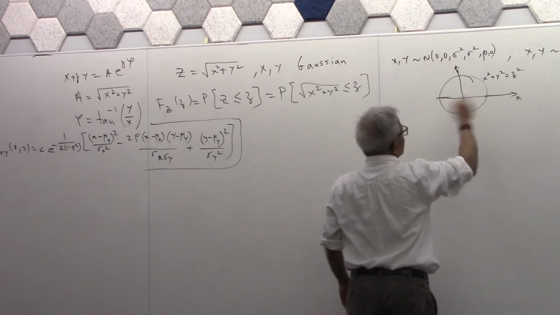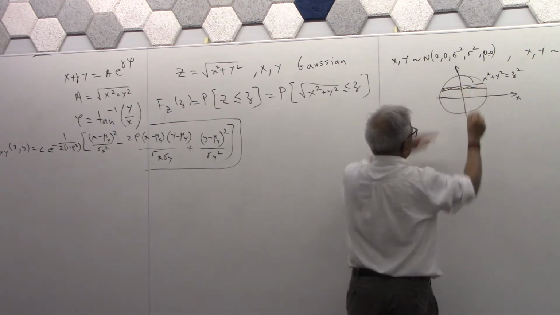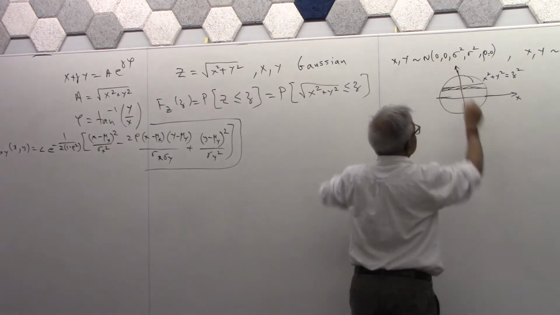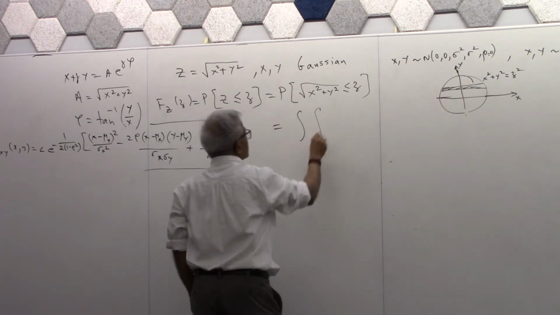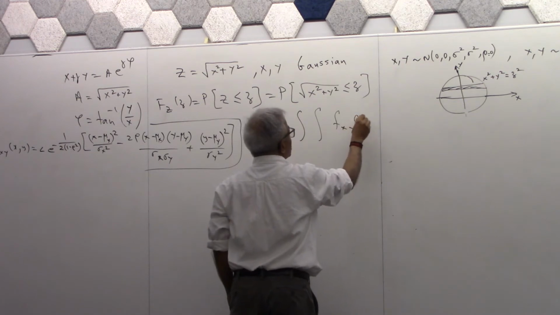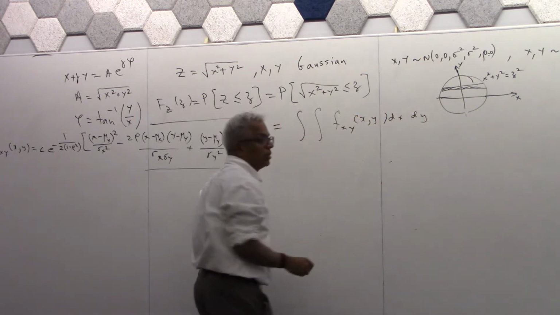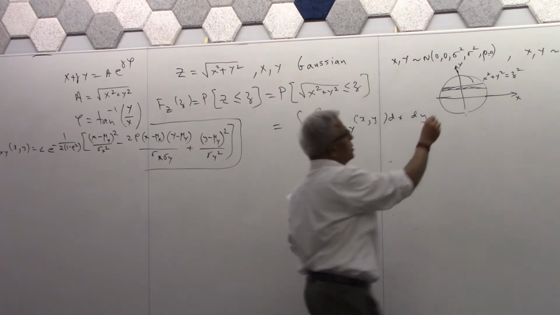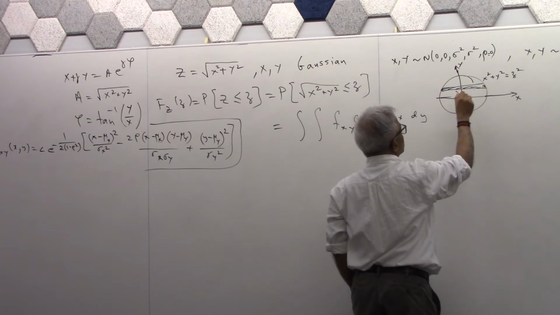So to integrate nicely, this is x, this is y. Tell me the limits. Let's integrate on x first, then y. So x goes from where to where? This is a particular value of y, so what is this value of x?